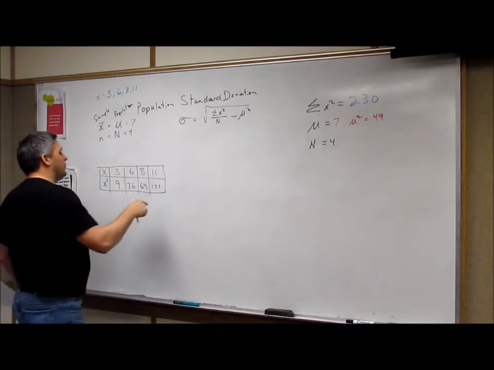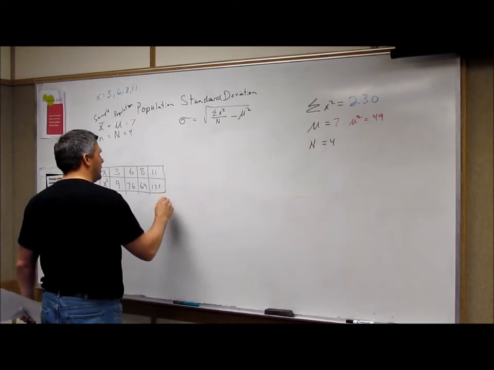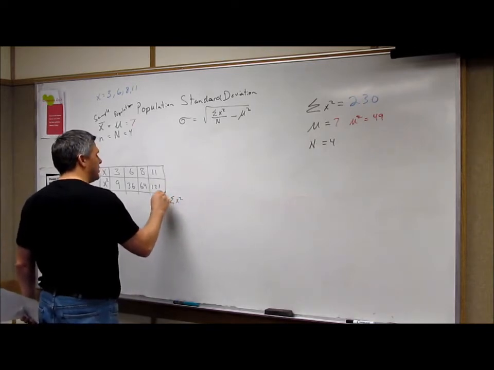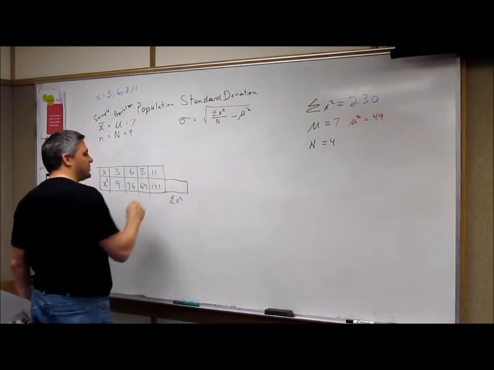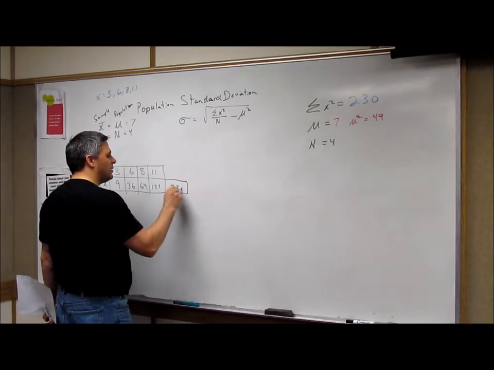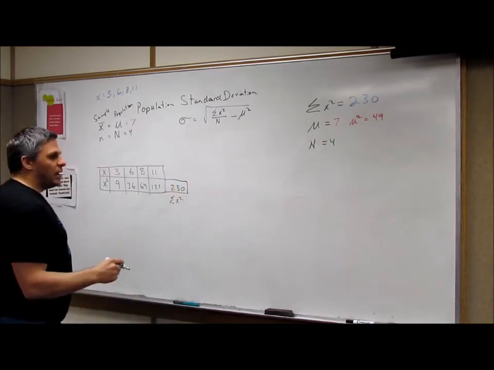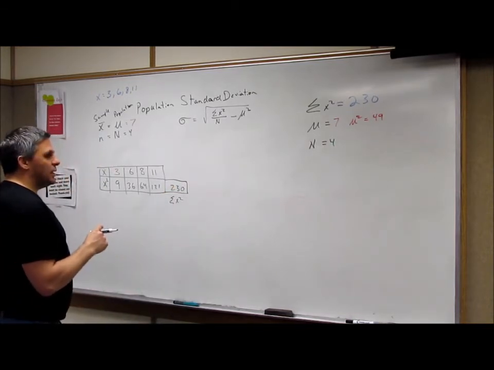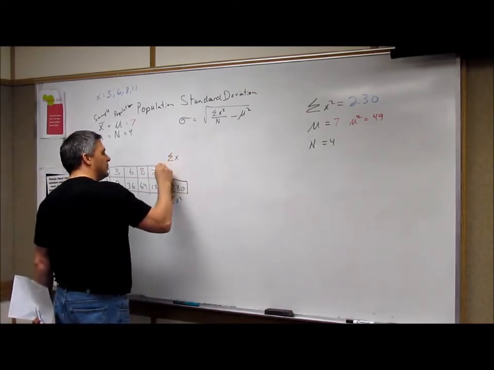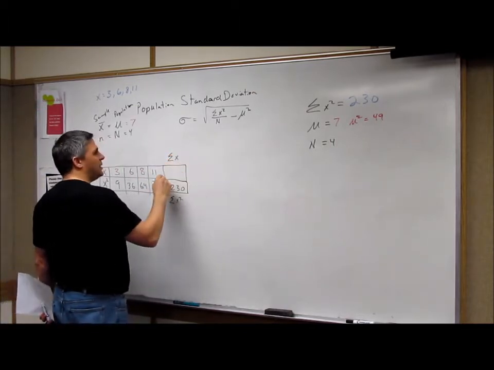Well, we said before that we needed the sum of our x squares, so we can use that as this box. Our sum of the x squares is 230. And I could also use the sum of my x's, which would be 28.